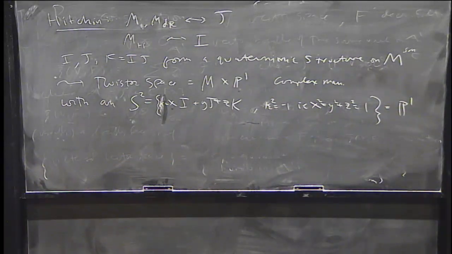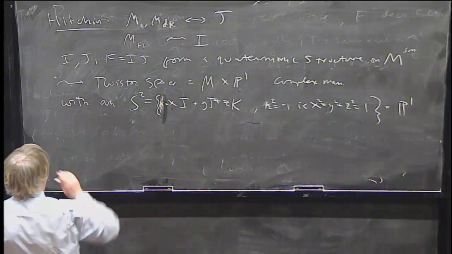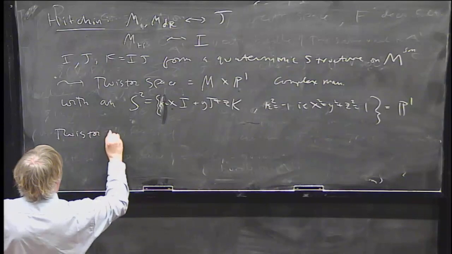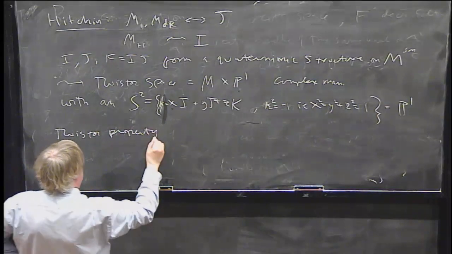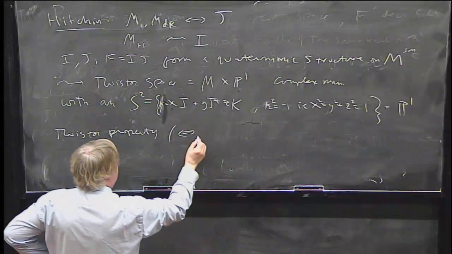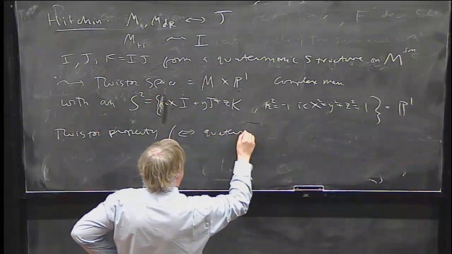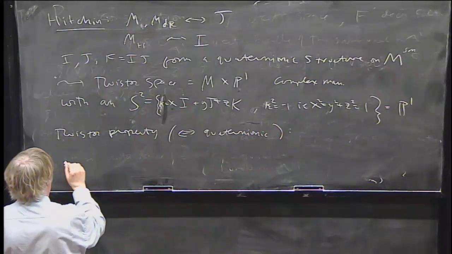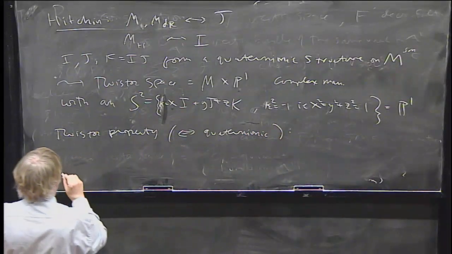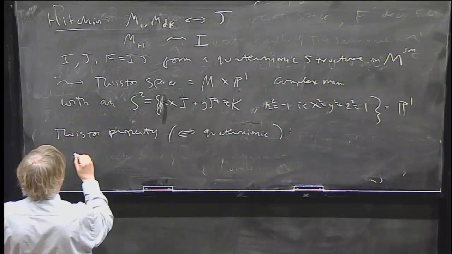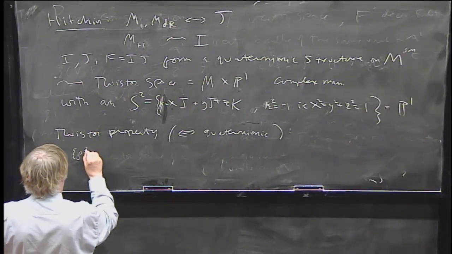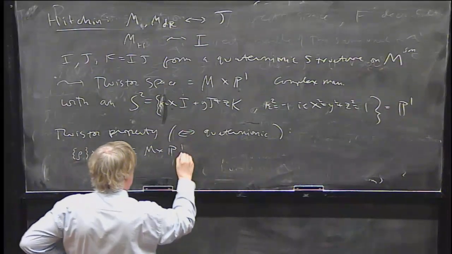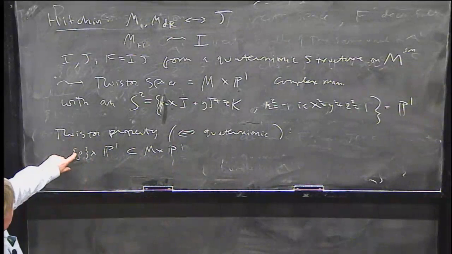And the point is that now we can say that the twistor property, which is really equivalent to the quaternionic property, says that if you take the normal bundle, so fix a point in M smooth, let's say.